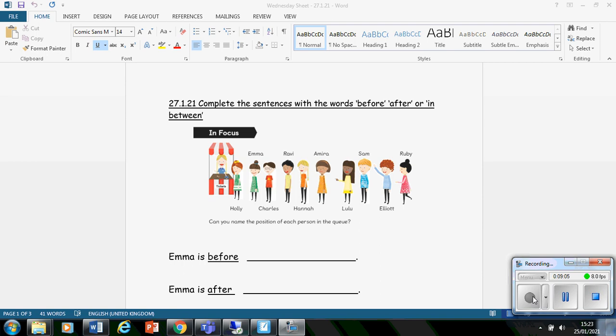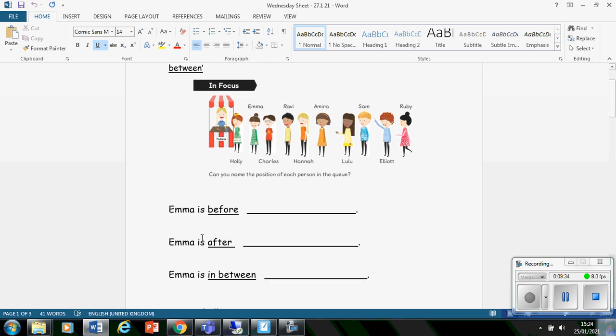So here is the sheet that I have made for you just to help you secure your journaling. So I would like you to write 3 statements, but I have actually done the first bit for you. Now, if you want to write completely different sentences, you might want to choose a different person. You might want to choose Sam or Lulu. It is entirely up to you if you want to extend your knowledge and challenge yourself.